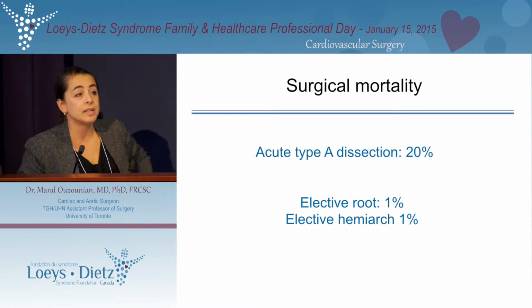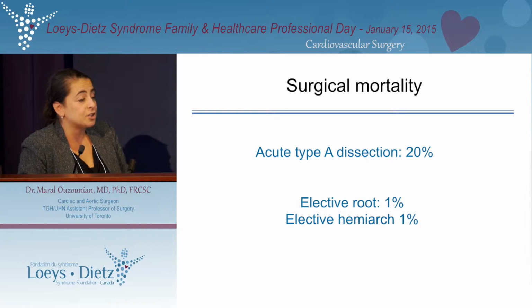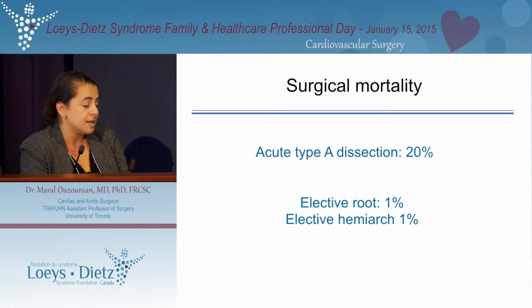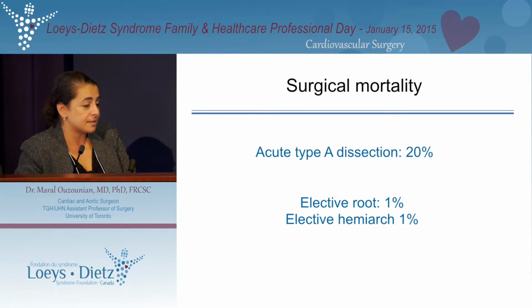So even in the most experienced hands, patients who present with an acute type A dissection have a surgical mortality of 20%, whereas in experienced centers like Hopkins, in Toronto, in large tertiary care referral centers, patients having elective root surgery or elective hemiarch replacement, for example, have very low mortalities of less than 1%. So we like to fix our patients in this setting rather than in an emergency basis.